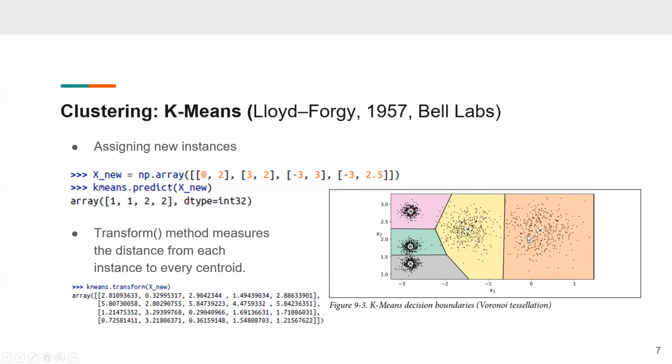So how do you assign that? Essentially, predicting or assigning a new instance is trying to calculate the distance to all those 5 centroids and assign it to the nearest centroid, which turns out to be index 1, which is exactly this cluster. That's how it is working.